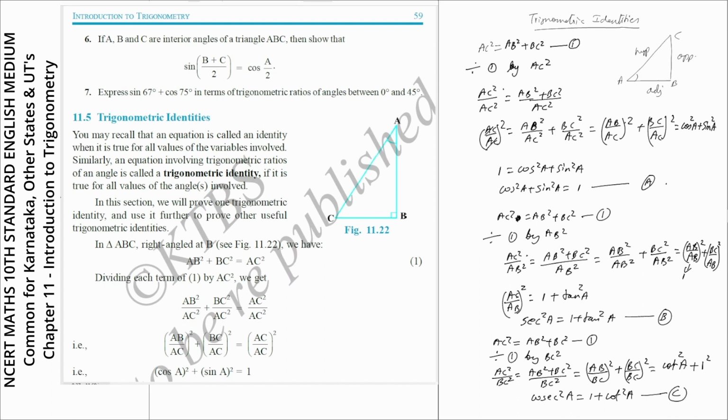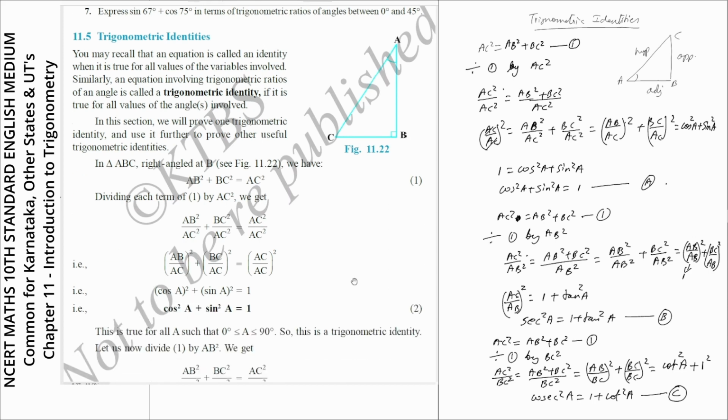So these are the three identities. Now using these identities, there are many worked examples in the textbook, and also some exercise problems. We'll proceed and do it.